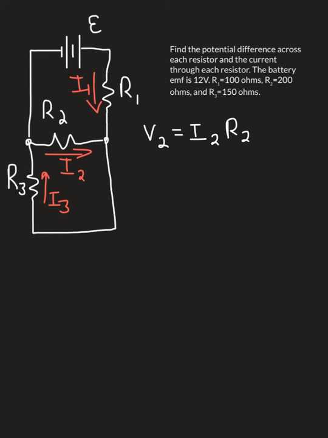Use Ohm's law, V equals IR, to solve for the potential difference across resistor 2. Use 200 ohms for R2 and the value you found for I2 to find that the voltage difference across resistor 2 is 5.5 volts. Don't worry about including a sign.